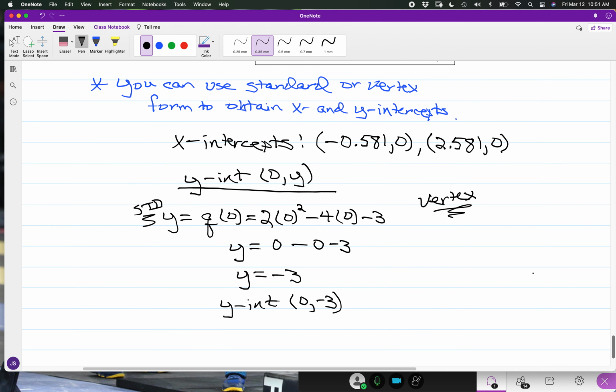So if I have y is equal to q of 0, the vertex form would be taking 2 times the quantity of 0 minus 1 to the second, minus 5.